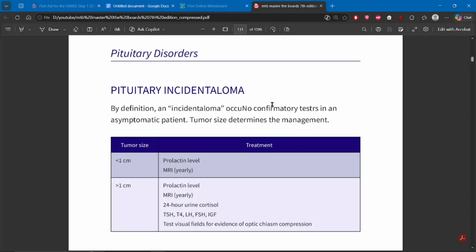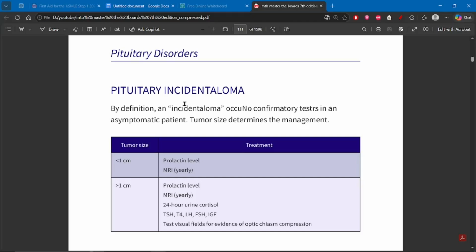So we would not do any confirmatory tests, because the patient is asymptomatic, so we have nothing to test him about. For example, when a patient is undergoing brain imaging for a stroke, a CT scan or MRI for a neurological disorder, we could visualize a tumor in the pituitary gland.